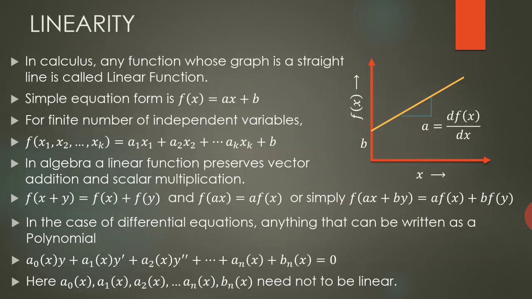In total, the test for linearity is: if f of ax plus by is equal to a into f of x plus b into f of y, then that function is called a linear function.